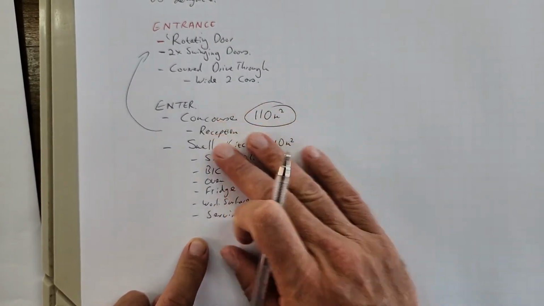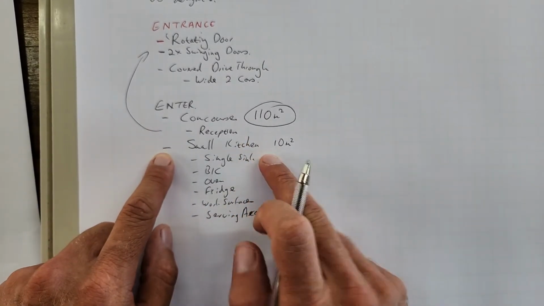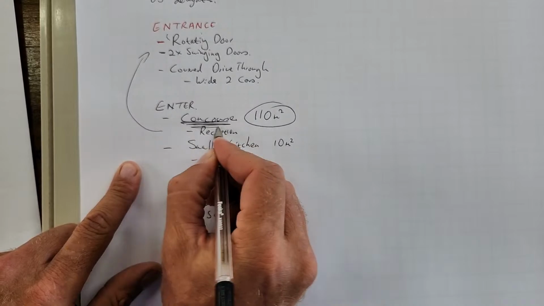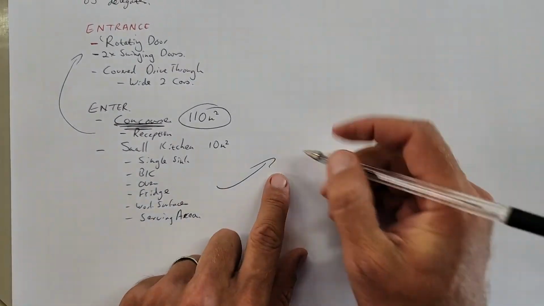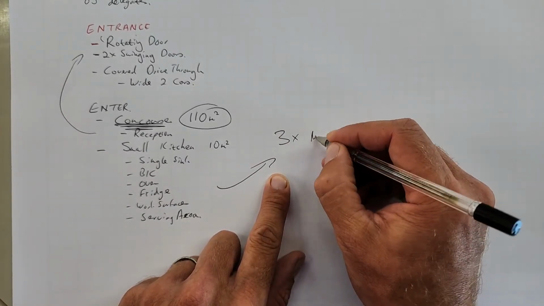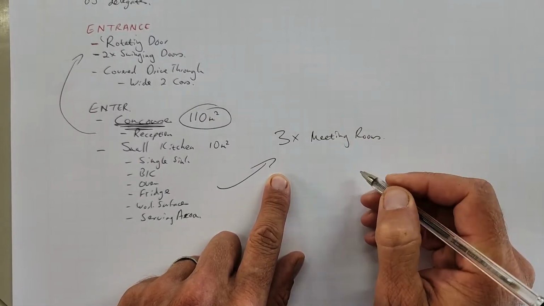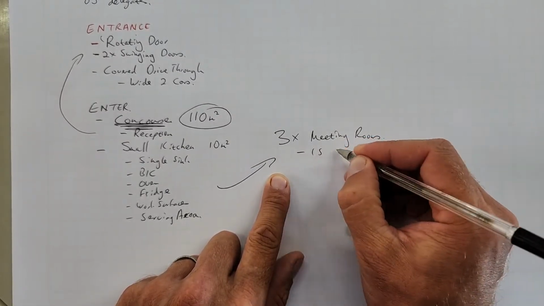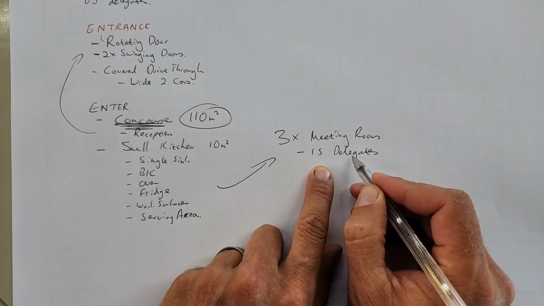Once you have that, now we go from this concourse, which we've entered in. We are going to go out, and where are we going? We're going to go into 3 similar sized meeting rooms that can accommodate 15 delegates. Now in your research, I hope you have researched this already.